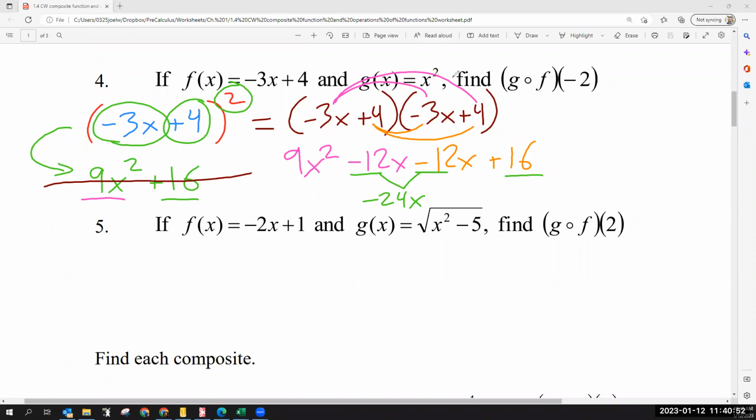Now, I realize you're looking at that like, none of that applied to this problem because we're supposed to plug -2 in for x. Yes, I know. But this pops up a lot. It's going to pop up later today in this class. It's going to pop up pretty much throughout this whole year. So I wanted to use this opportunity to point that out now so that we don't fall into that trap.